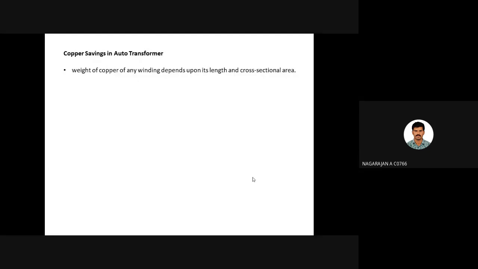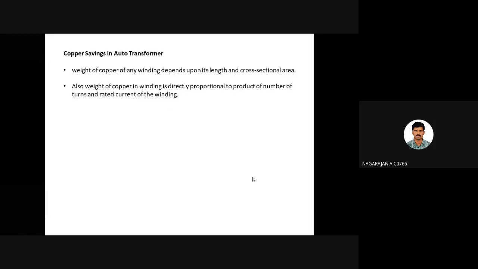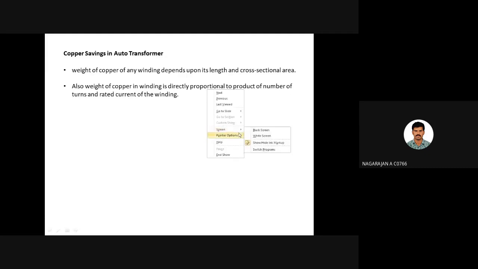So it is very evident from the first point we derived: the weight of copper of any winding depends on its length and cross-sectional area. Also, as I explained, on the number of turns and rated current of the winding.